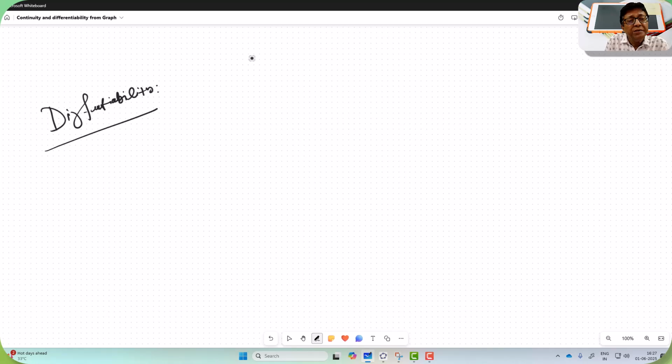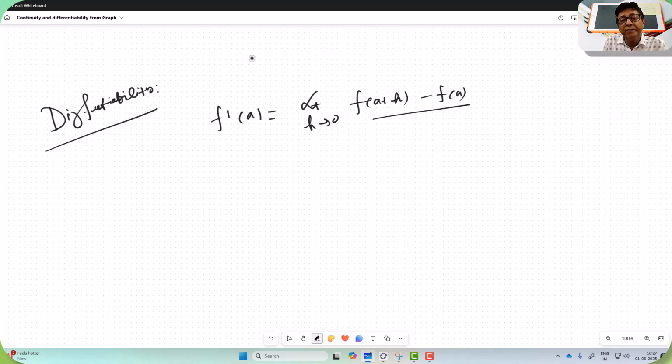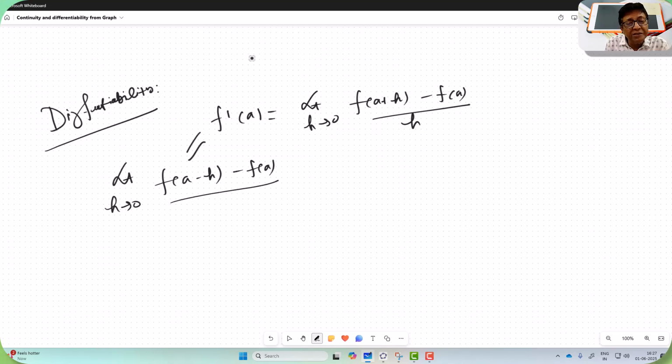Okay. Now, the concept of differentiability. What is that? At the point x equal to a, it is limit h tending to 0, (f(a plus h) minus f(a)) by h, and this must also be equal to limit h tending to 0, (f(a minus h) minus f(a)) by minus h.